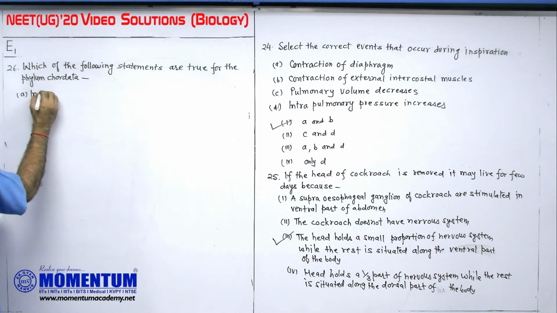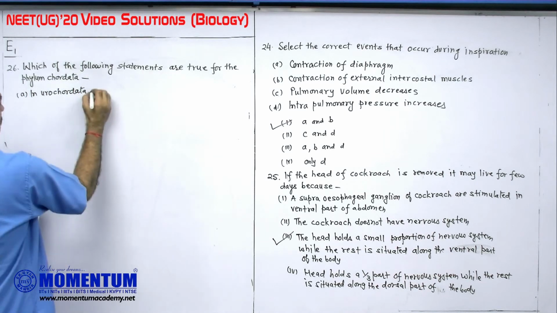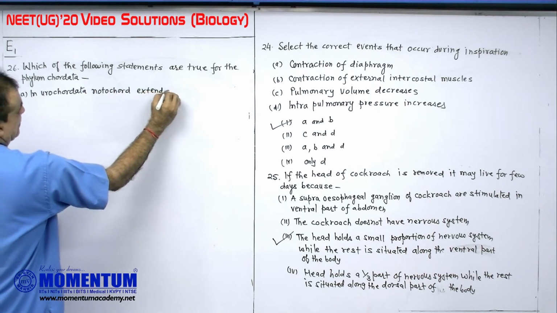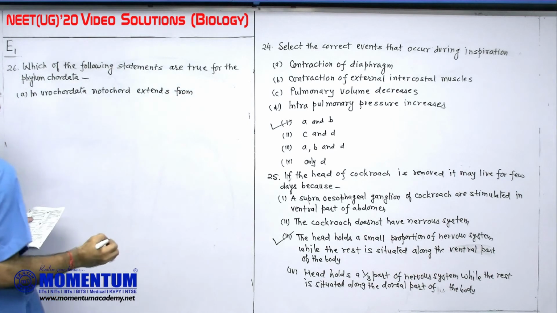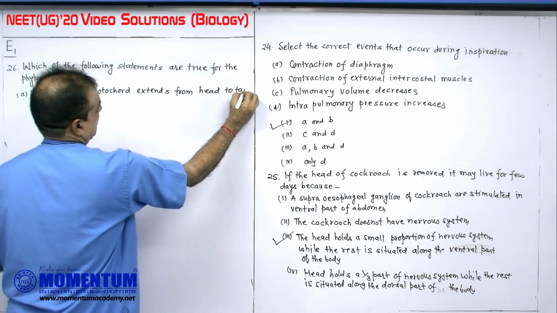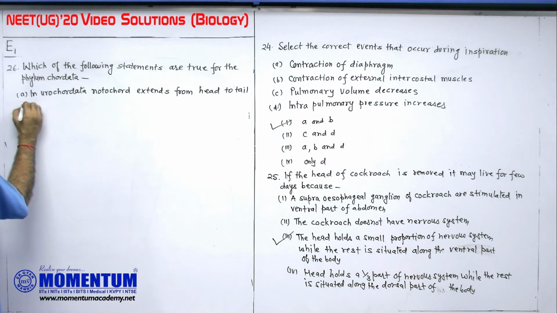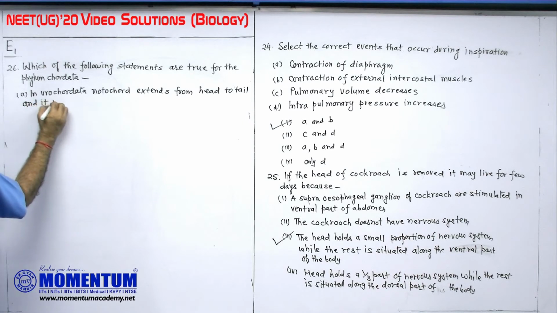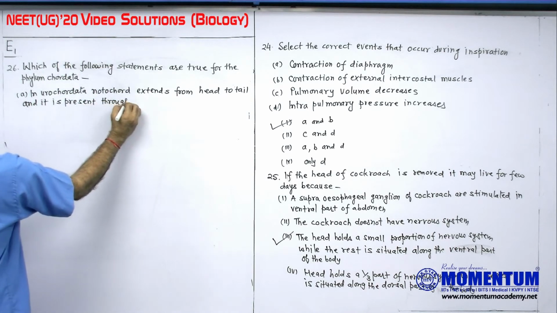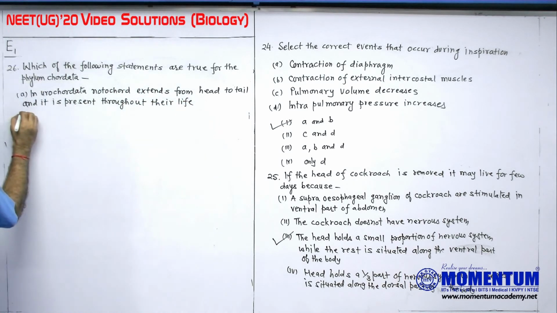In Urochordata, notochord extends from head to tail, and it is present throughout their life.